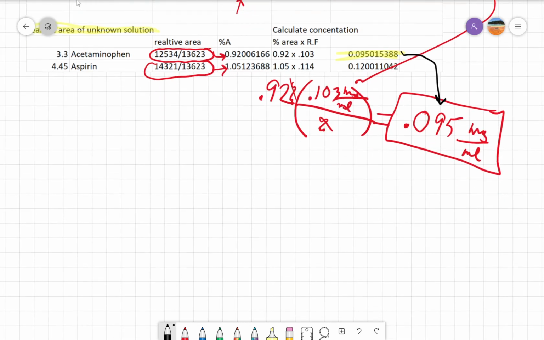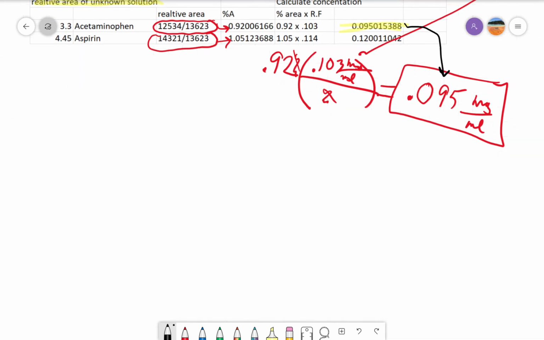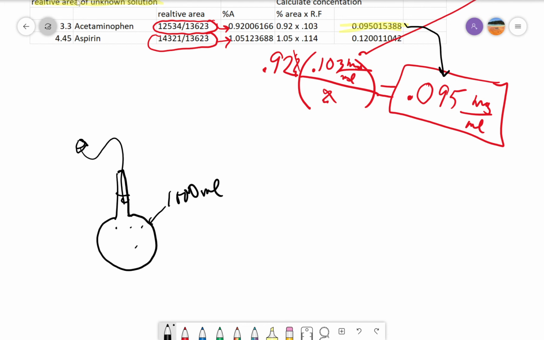Since we know what the concentration of the unknown solution is, it's a pretty easy feat to calculate what is the milligrams of the tablet, because remember, we took one tablet and we dissolved it into 1,000 milliliters. So all of the acetaminophen in that tablet was dissolved into 1,000 milliliters.